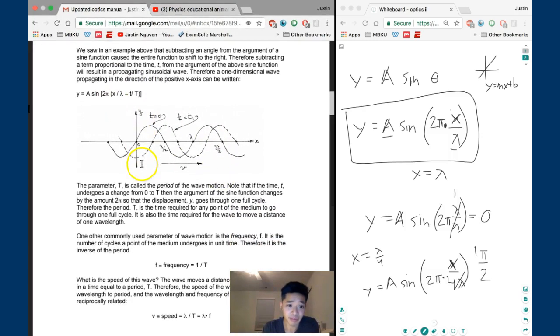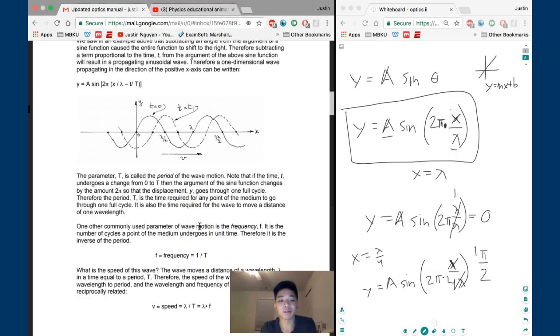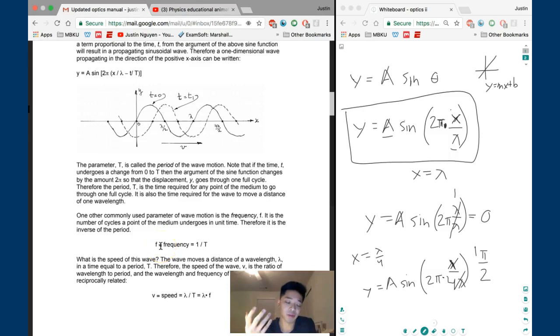And so, what is big T? Big T is the period of a wave motion. Let me take a step back. The period is the reciprocal of frequency. Frequency is often given in units of cycles per second.